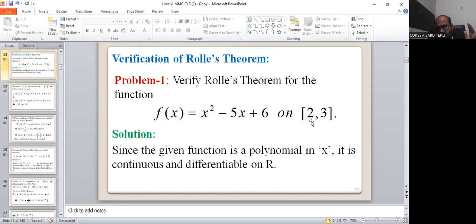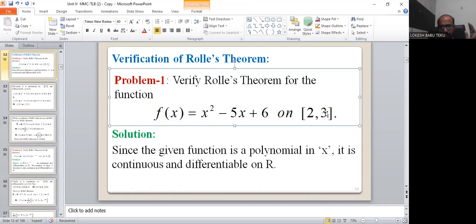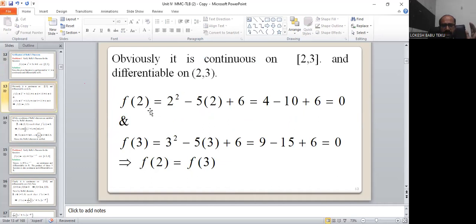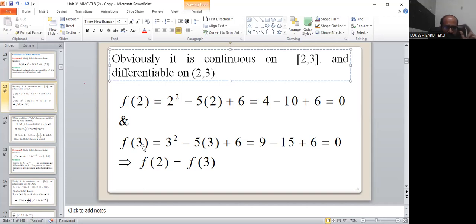What is a? a is 2. b is 3. Substitute 2 in the place of x, you will get f of a. Substitute 3 in the place of x, you will get f of b. Now let us see. Substituting 2 in the place of x, 2 square minus 5 into 2 plus 6, you are getting 0. And substituting 3 in the place of x, 3 square minus 5 into 3 plus 6, 9 minus 15 plus 6, obviously 0.